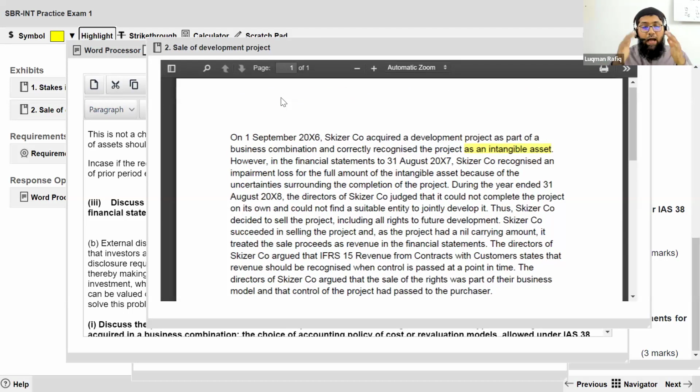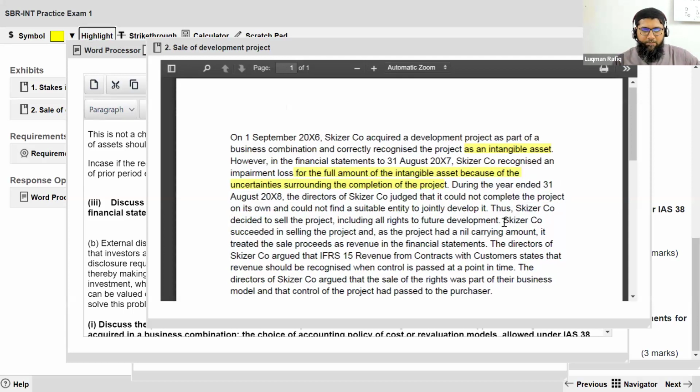However, in the financial statements to 31st August 2007, Skizer recognized an impairment loss for the full amount of intangibles because of the uncertainty surrounding the completion of the project. During the year ended 31st August, the directors judged that it could not complete the project on its own and could not find a suitable entity to jointly develop it. Thus, Skizer decided to sell the project, including all rights to future development and so on.